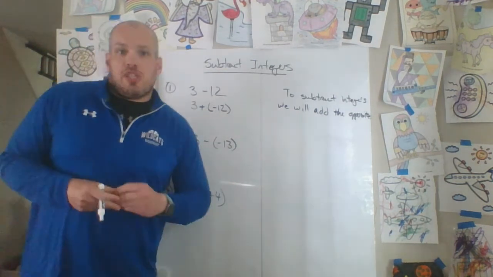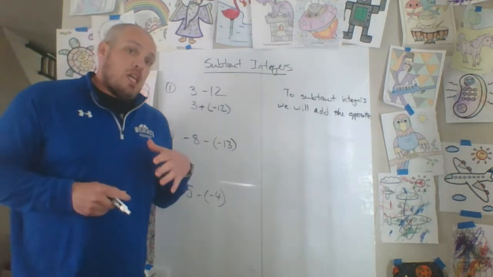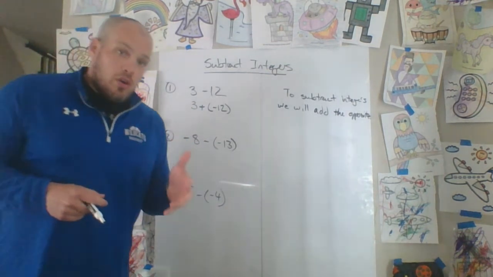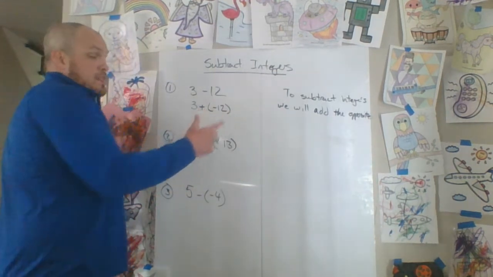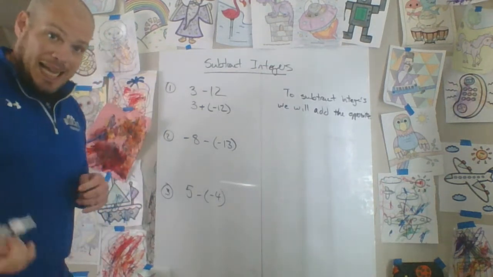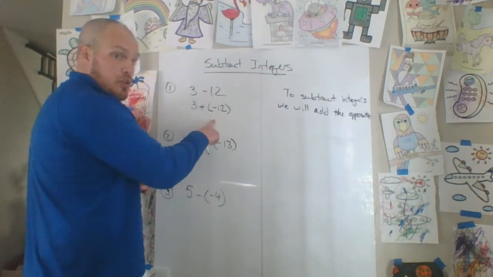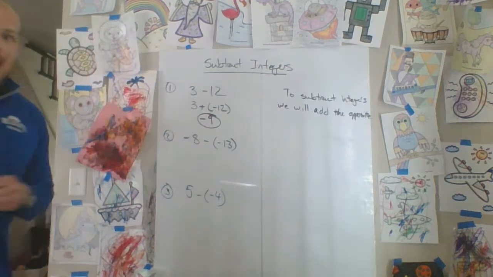Then we go back to our addition steps, right? They have different signs. So we're going to subtract the one with the lesser absolute value from the larger absolute value. -12 has a larger absolute value. So 12 minus 3 is 9, and we keep the sign of the larger absolute value. So my answer for problem 1 is -9.